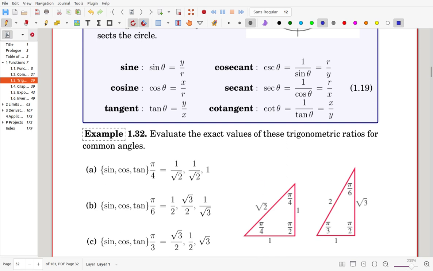The 45 degrees, pi over 4, comes from half of a square of side length 1. For the other one, take an equilateral triangle of side 2 and consider half of it, and then you can get this portion. I believe you are familiar with that one.